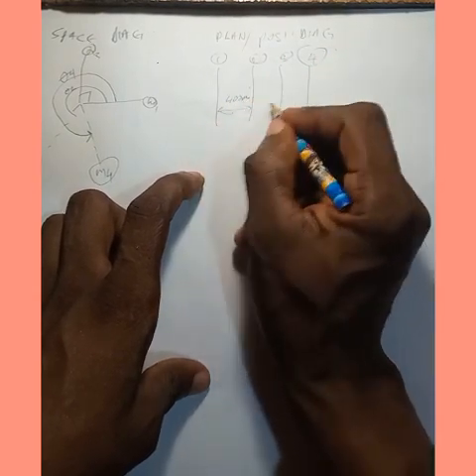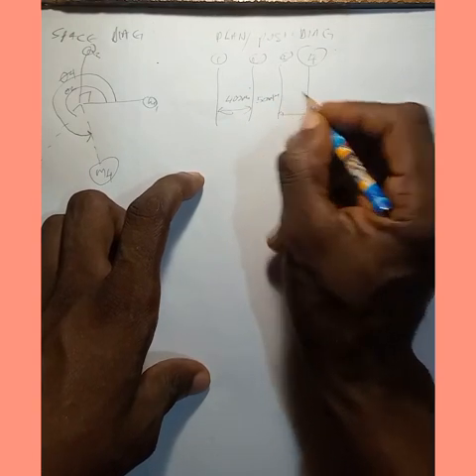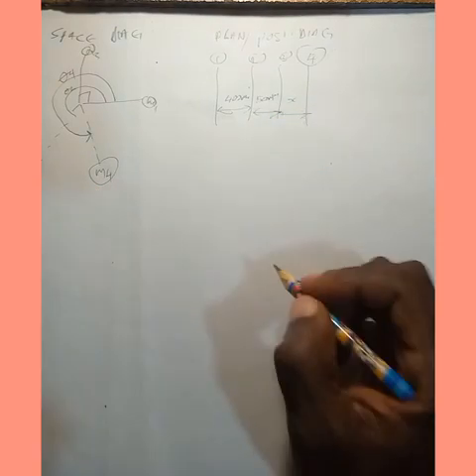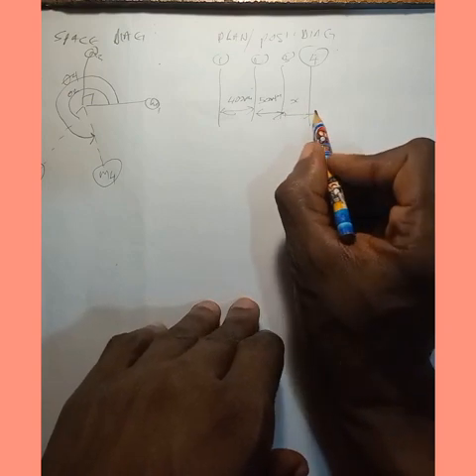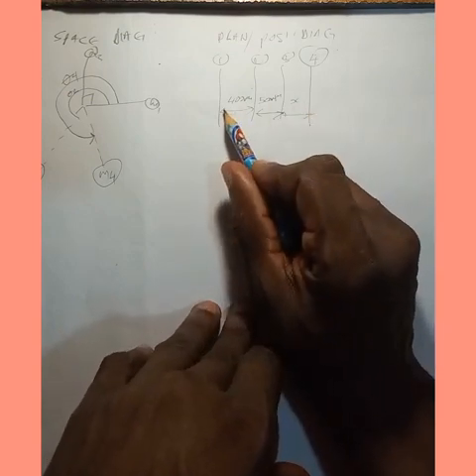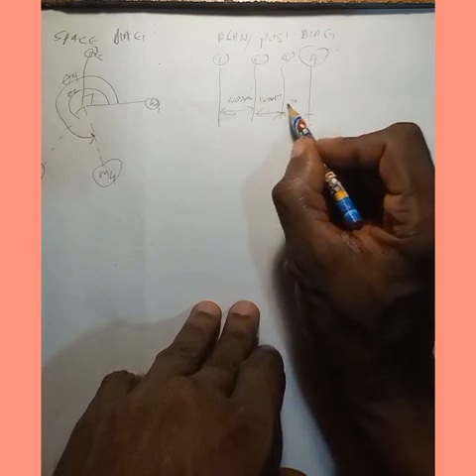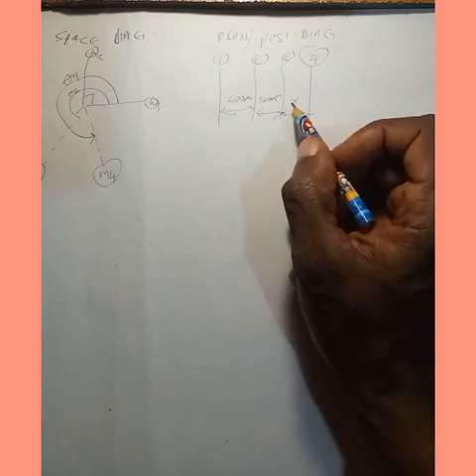The distance between planes 2 and 3 is 500 mm. While the distance between 3 and 4, we have x mm. So this is x mm because from the question we are not given the distance, but we are already given this distance 400 and we're also given the distance 500. So we use x to represent this because we do not know it. That's what we are to look for.